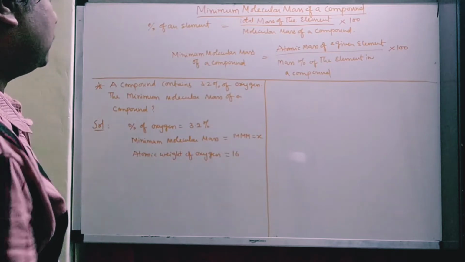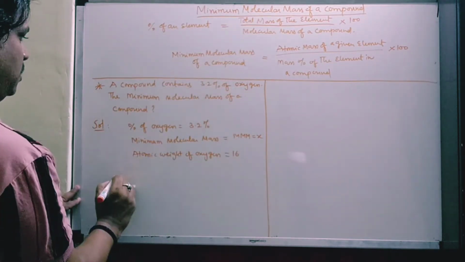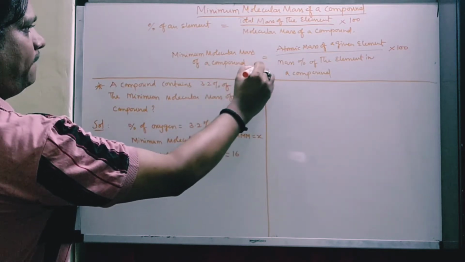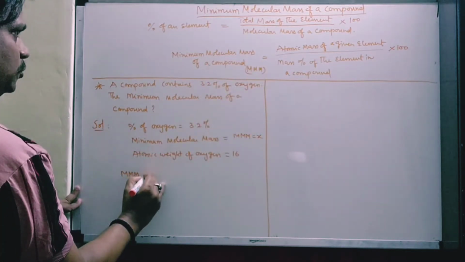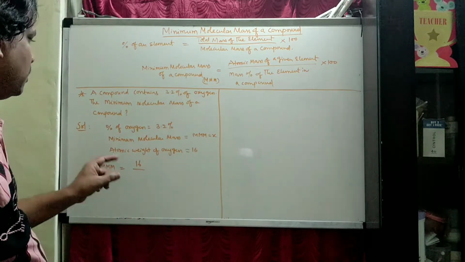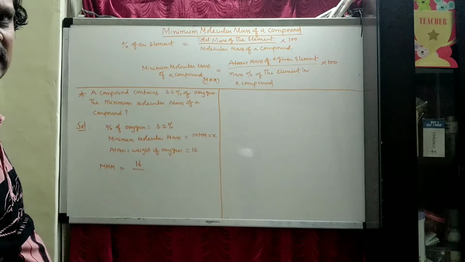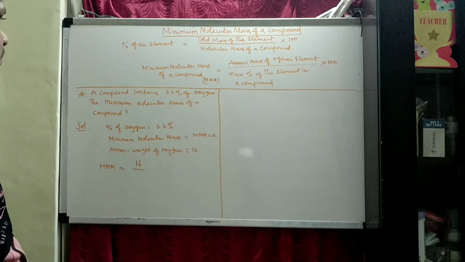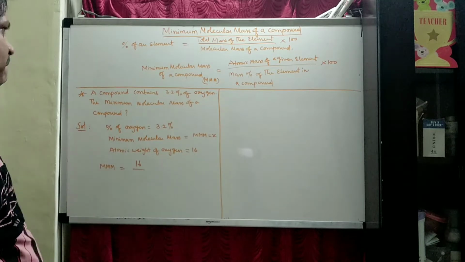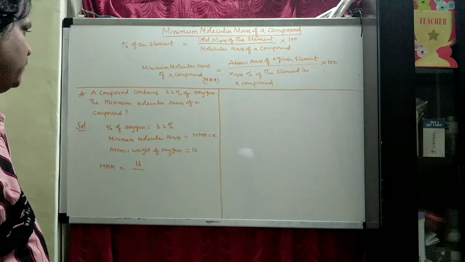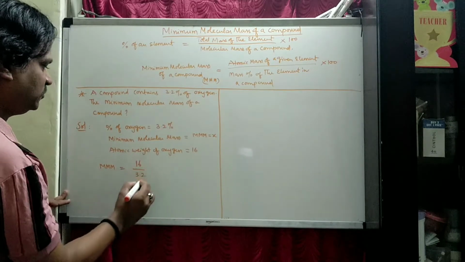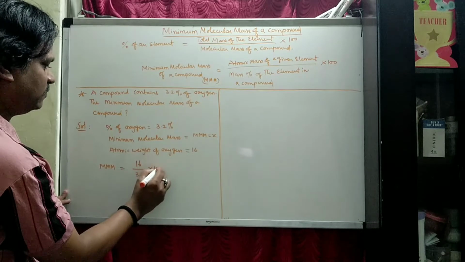Now, how will we do this? Apply the formula. Minimum molecular mass, triple M, is equal to the atomic mass of the element, 16, by the mass percentage of the element. What is the mass percentage? 3.2, into 100.